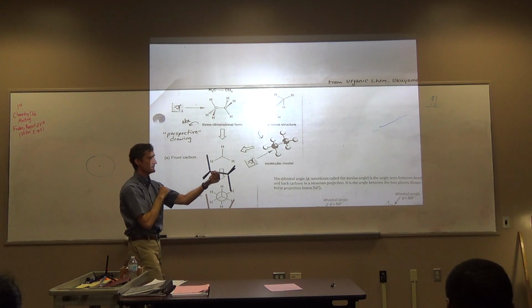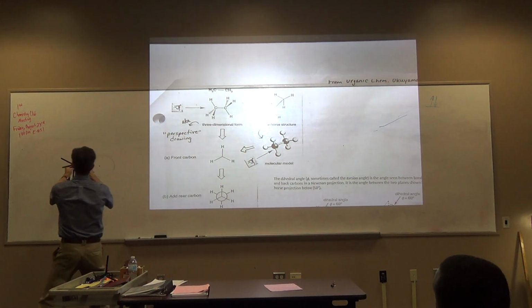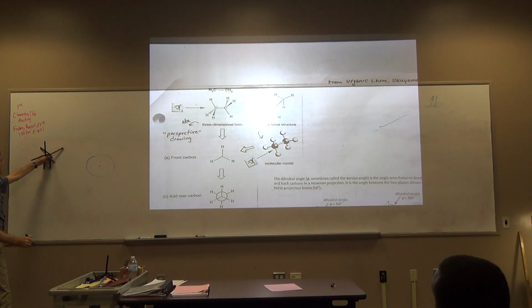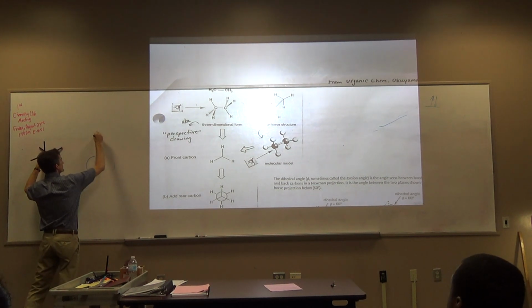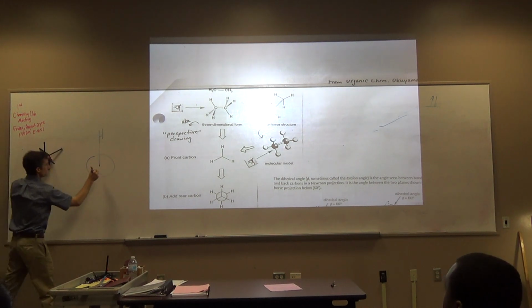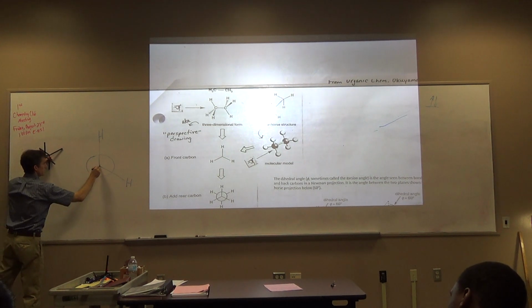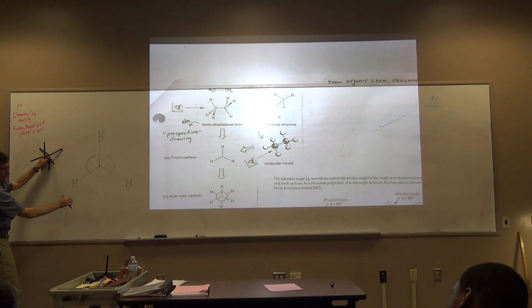What am I seeing when I stand on the chair? Seeing this. Okay? How about if I hold it right here? Right? Draw that on the board like that. That's what we're doing. The front carbon is the dot. I see an H coming straight up. That's that one. I see an H going down and to the right. That's that one. I see an H coming this way and a little bit down. That's the front carbon. And that's what we got over there, right?